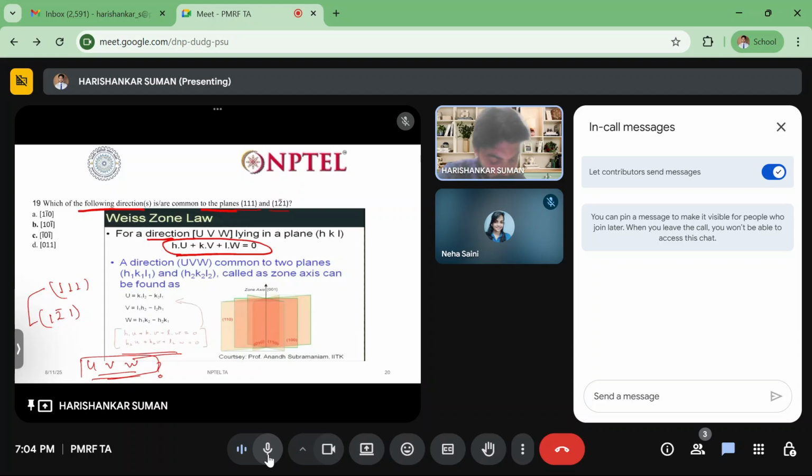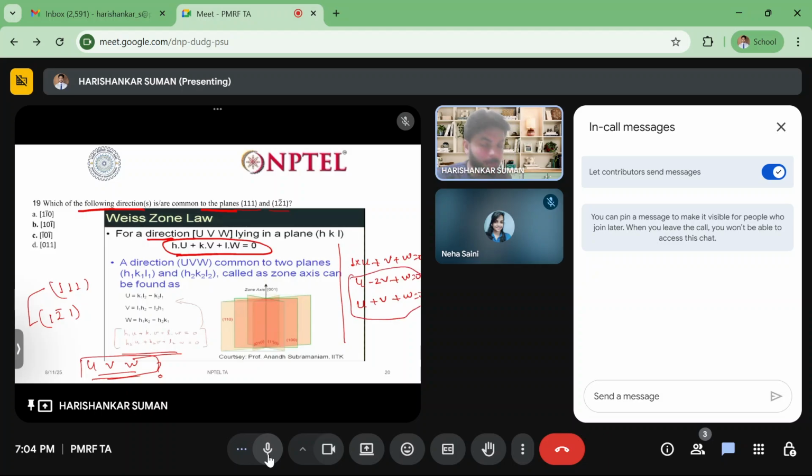So how can you find it from this equation? Please put the first plane in the equation: U + V + W equals 0. Second one: U - 2V + W equals 0.